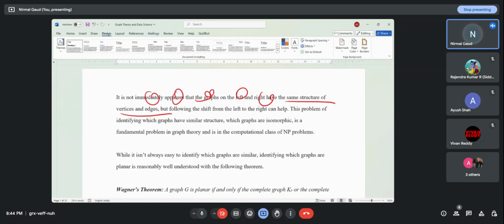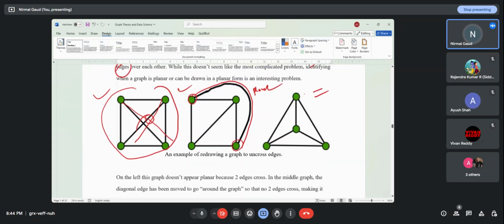Following a shift from left to right, you wanted to make it planar, so to avoid the intersection, you changed the path of flow. So it came under the category of planar. The other one didn't follow this rule.